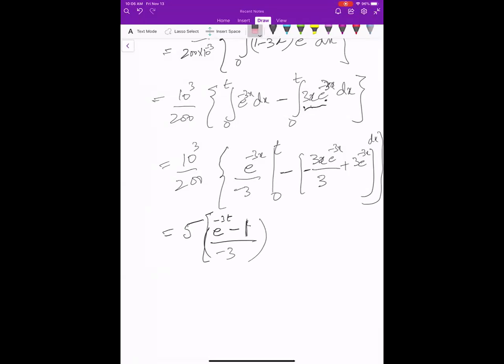And similarly, here it will become, okay, so what they have done is take 3 out, 3x plus 1.